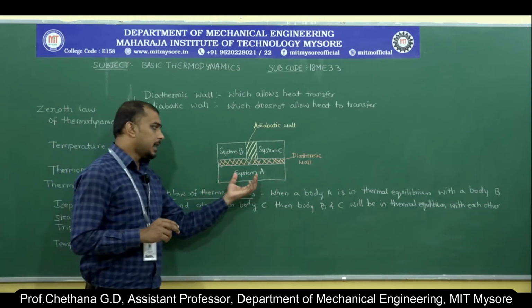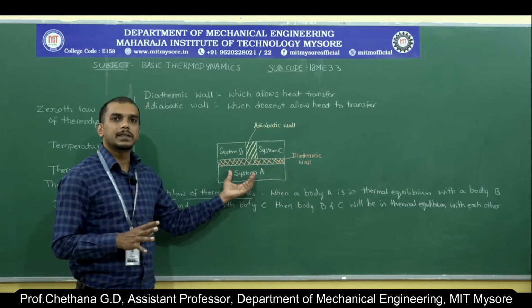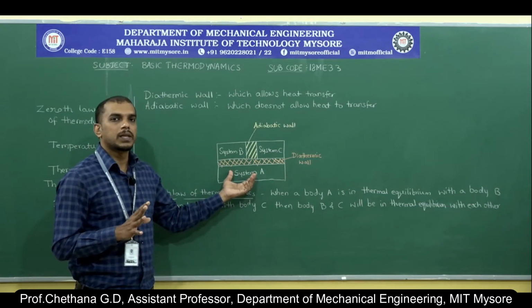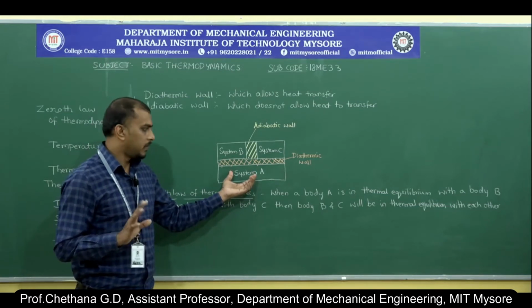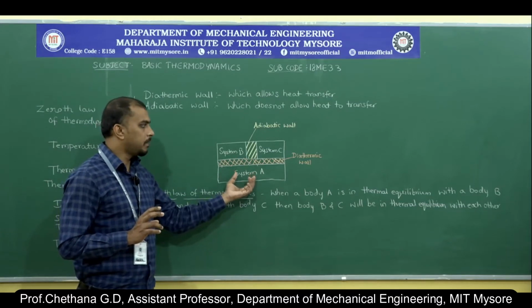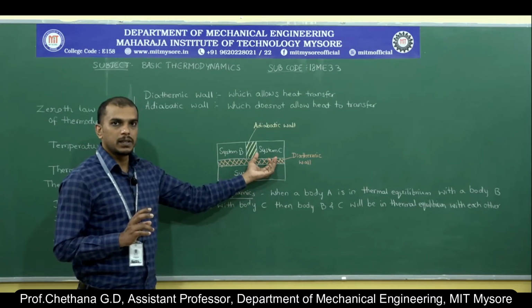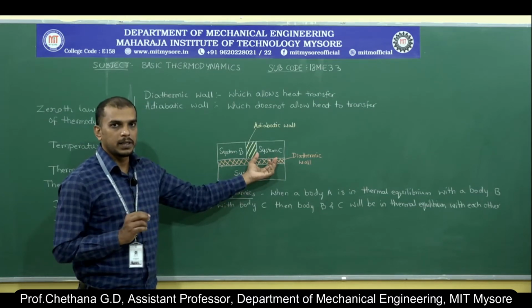The third body which we are talking about here, system A, can itself be used as a thermometer. For example, I take system A and bring it in thermal contact with system C, so you can calibrate it.